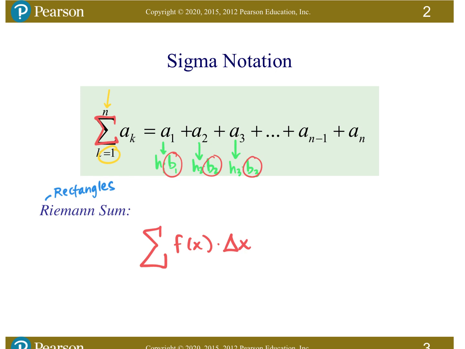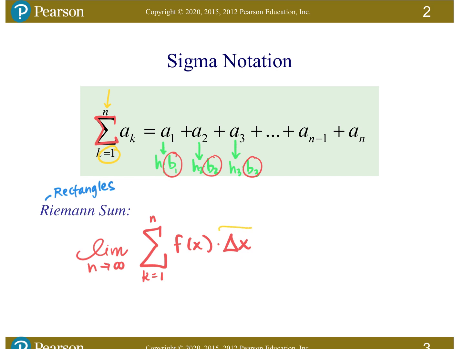Now we want that base to be as small as possible. And the way to make the base as small as possible is by making sure that we have infinitely many rectangles. And so as our rectangles go from rectangle 1 to rectangle n, we're going to have n approach infinity. So that is going to give us the most accurate way.